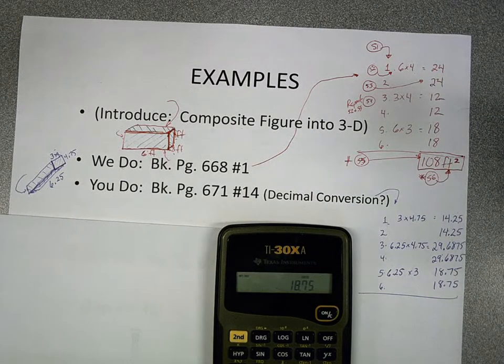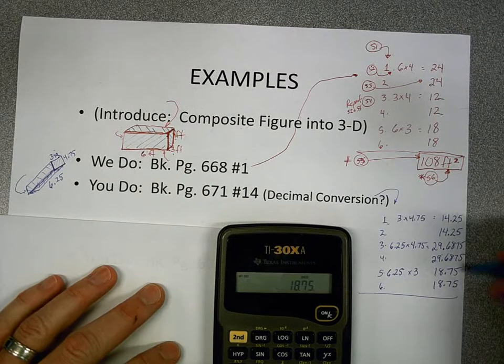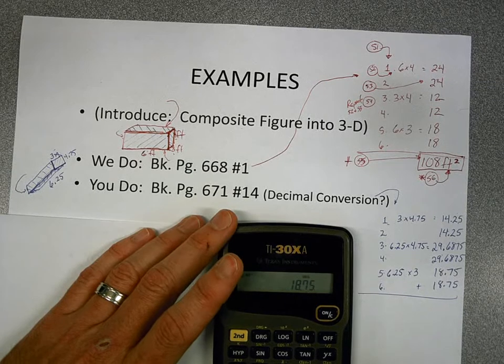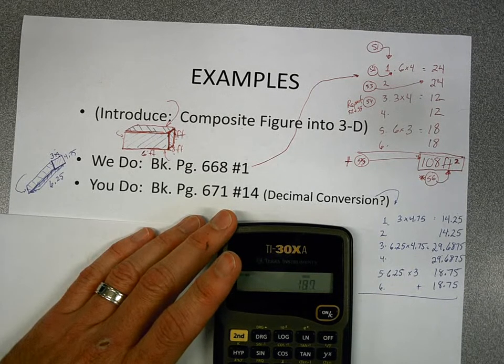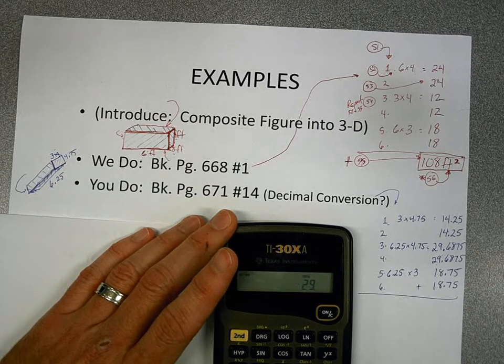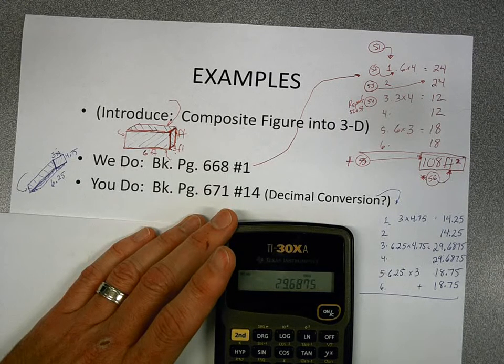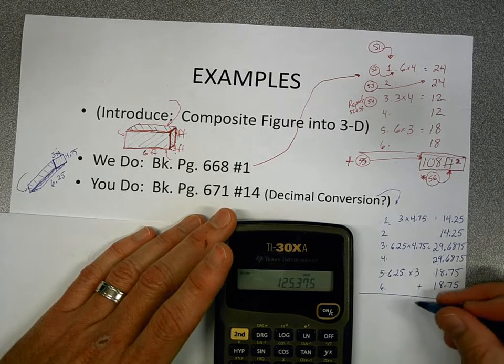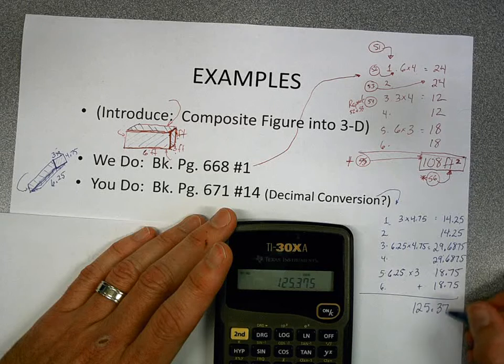So I'm going to turn around and I'm going to add these up. So 18.75 plus 18.75 plus 29.6875 plus 29.6875 plus 14.25 plus 14.25 equals 125.375.